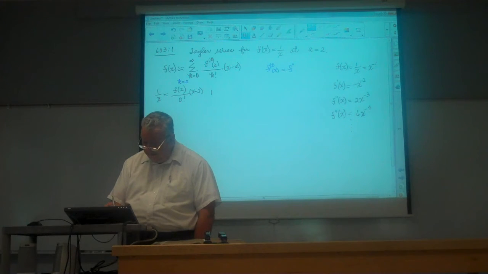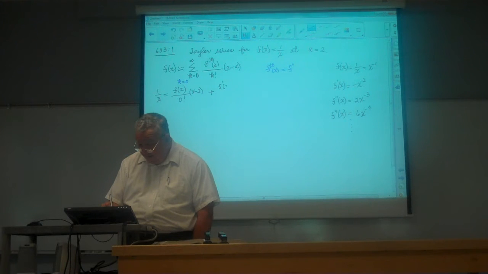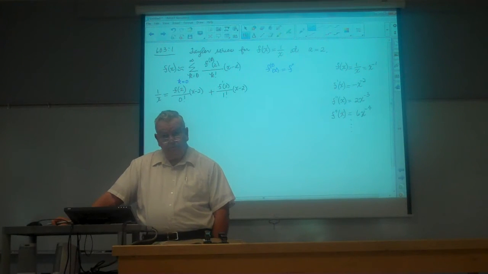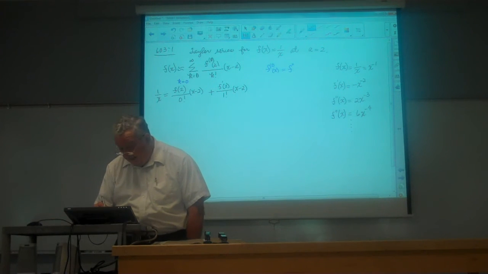Now that's plus. Now k is equal to 1. So isn't that the first derivative of f evaluated at 2 over 1 factorial times x minus 2? Follow what I'm doing? And then plus.